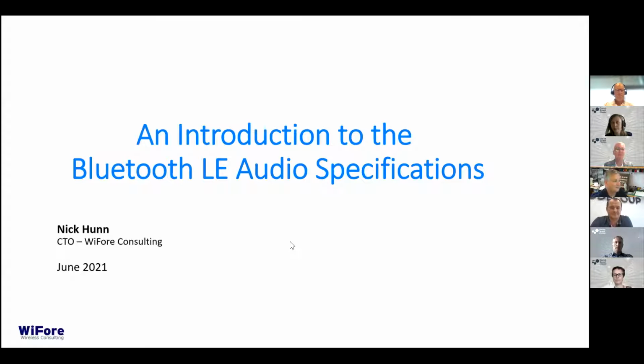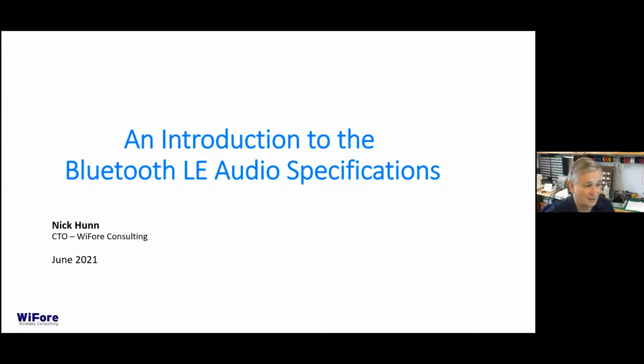What I'd like to do is to run through a quick introduction to the Bluetooth LE audio specifications. This work all started about 8 years ago. It's taken a long time to get here. And it was very much at the instigation of the hearing aid industry, who wanted Bluetooth to look at a lower power audio solution, which would be applicable to hearing aids and the small batteries that you have in hearing aids.